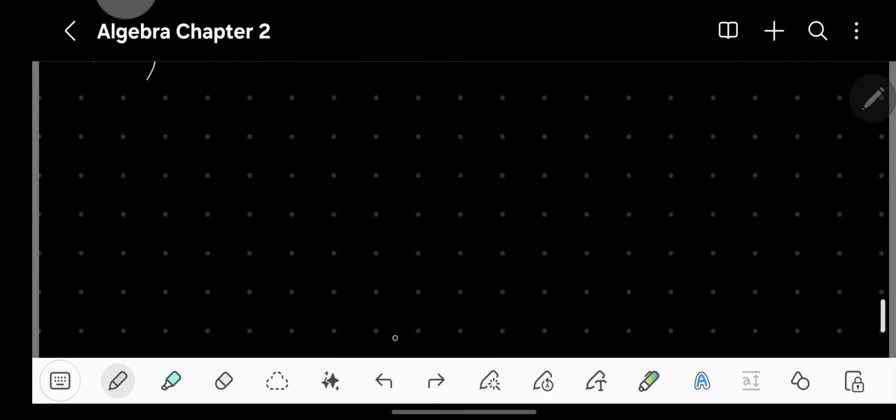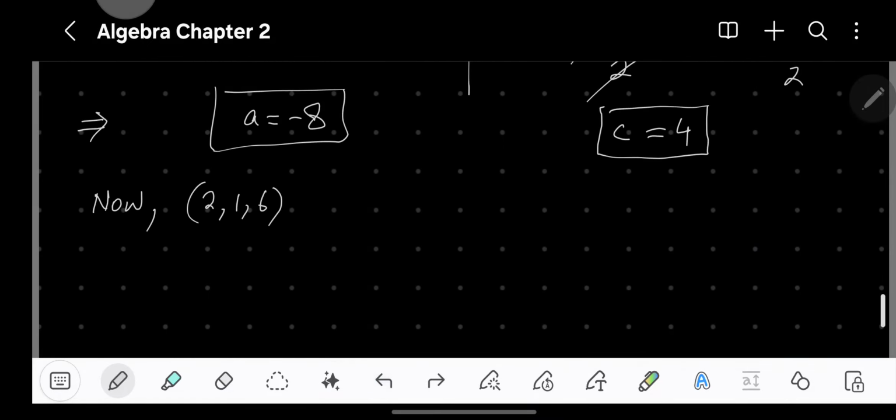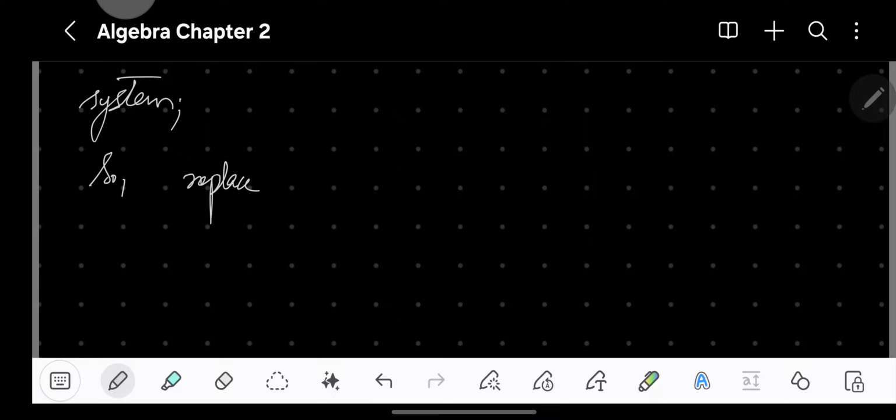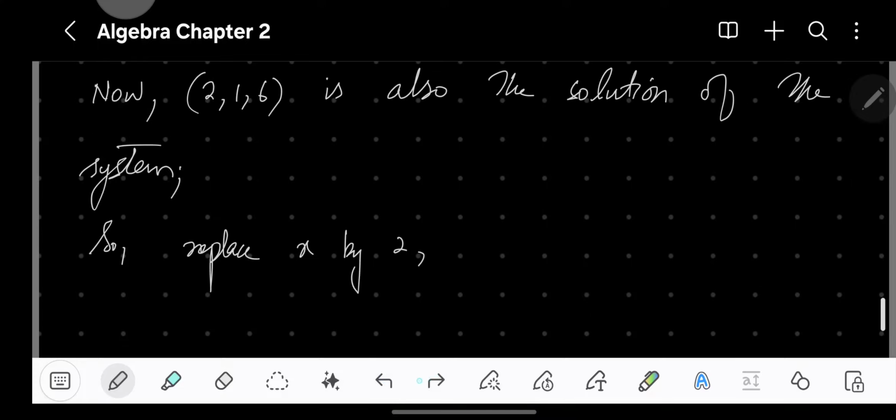So I will write, since (2,1,6) is also the solution of the system, so we will replace again x by 2, y by 1 and z by 6.